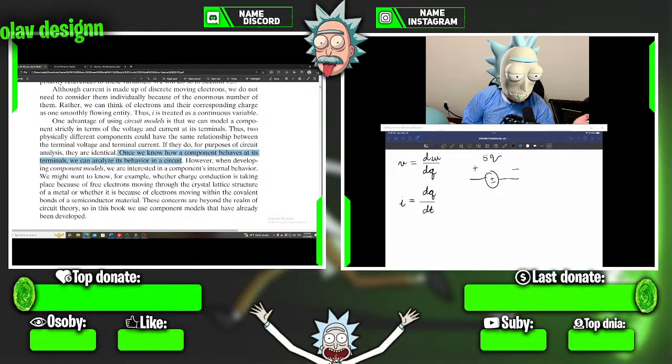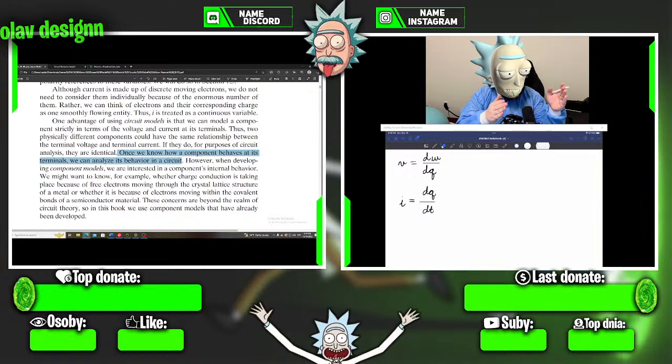I know exactly what it's going to do because I know its terminal behavior. Once I plug it in, plus and minus, both sides, those are the terminals. If I know what something does at the terminals, I know what it's going to do in the circuit.